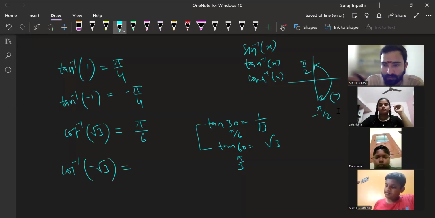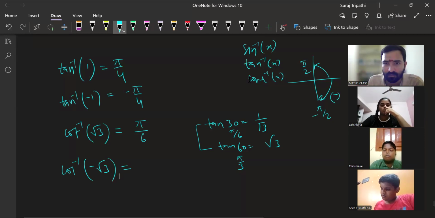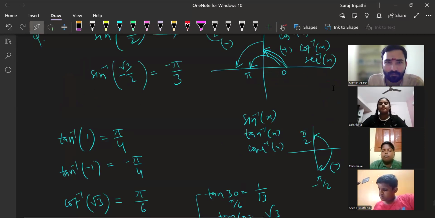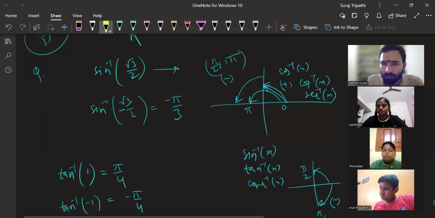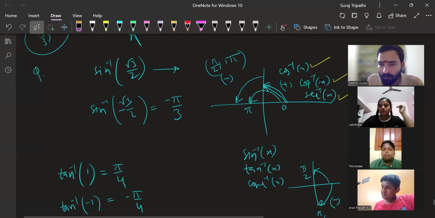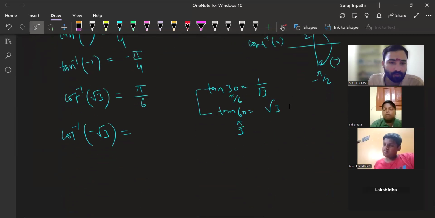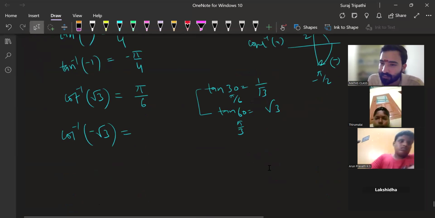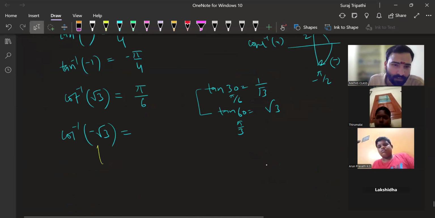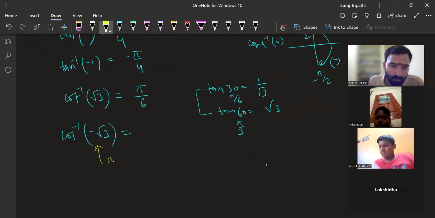Because in case of cos, cot, and sec, if the value of x is negative, then the angle will belong to pi by 2 to pi, between 90 to 180.